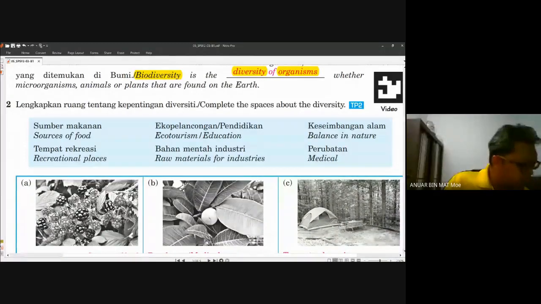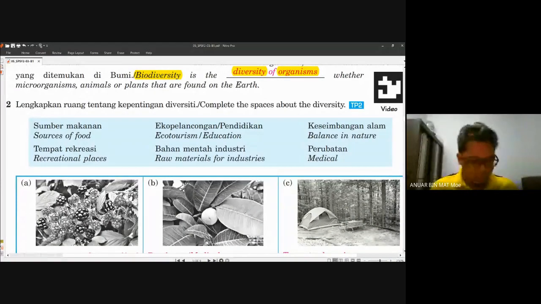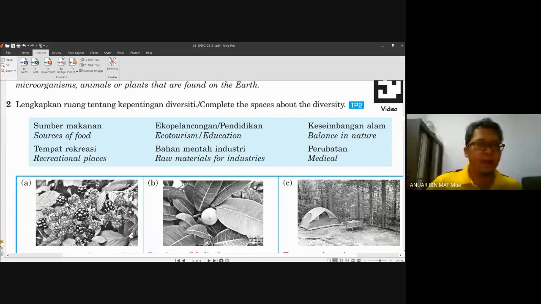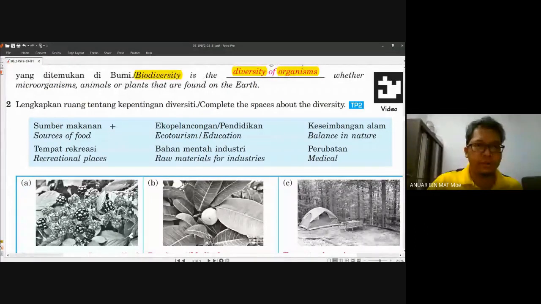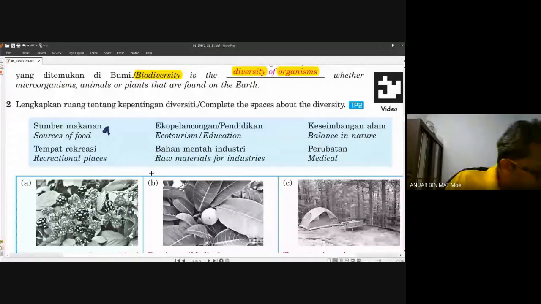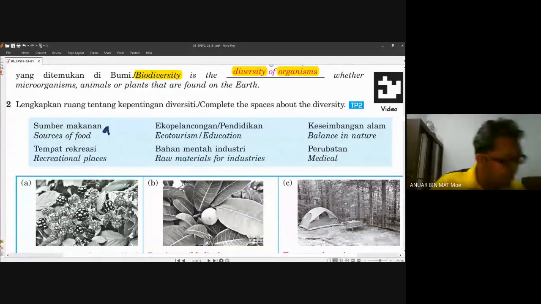What is the answer for 2A? Very easy. 2A is the sources of food. And then B: herbal plants are used as a source of medicine and cosmetic.